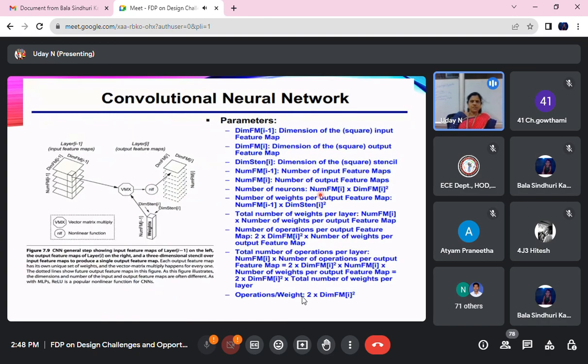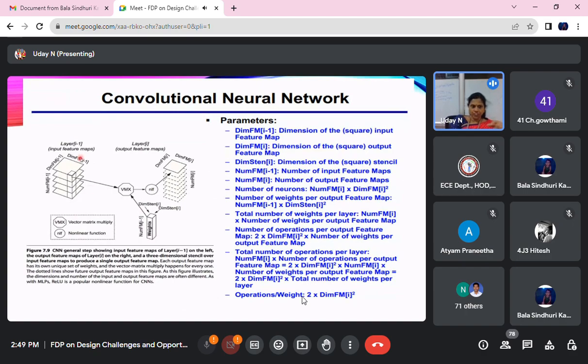Now let us see in detail the parameters that are there in any convolution neural network. Here you have the layer, the input feature maps: the horizontal lines, the vertical lines, the regions of interest, the shape of the ear, the shape of the legs.